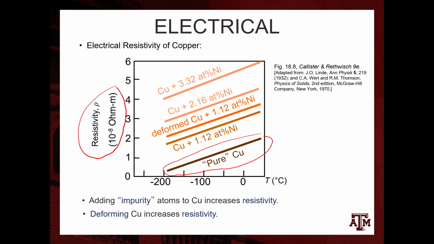So those are basically interacting with carriers that are transporting electricity here, like electrons in this example. So basically, those defects and lattice strain will scatter the electrons, the carriers of electricity, and therefore they will lower the conductivity of the material.